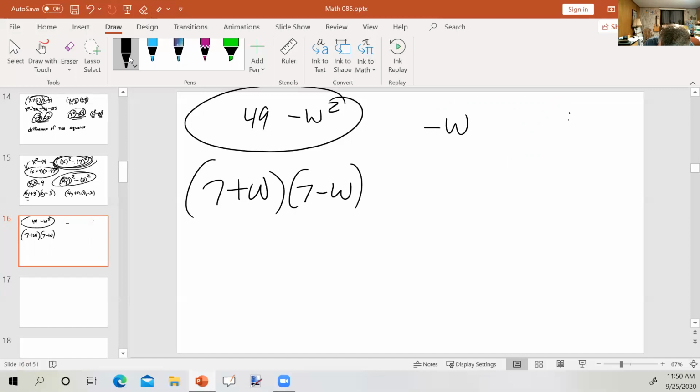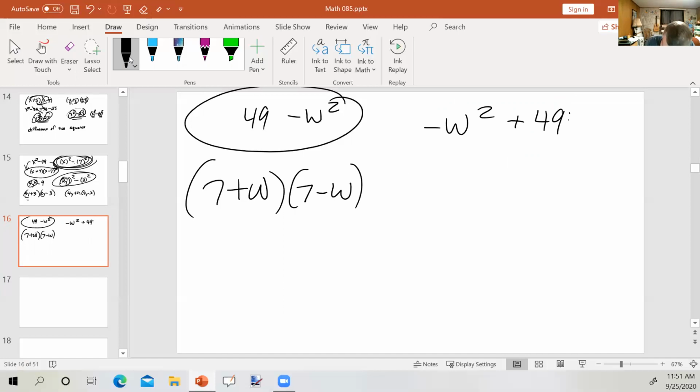Let's do what you first suggested, okay? Because going this way isn't wrong, it's just long. So I have a binomial, and we've put it in standard form. But the leading coefficient is negative. Remember how we talked about when you're factoring, you really want that leading coefficient to be positive? Yes.